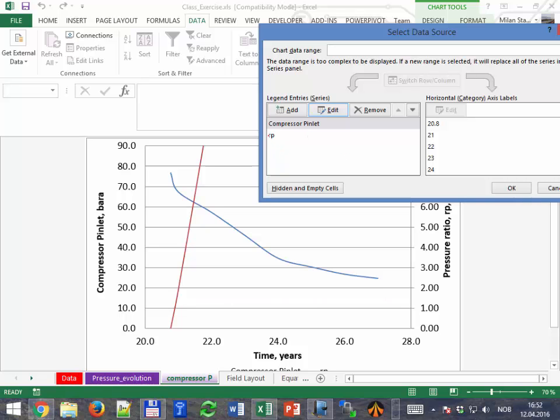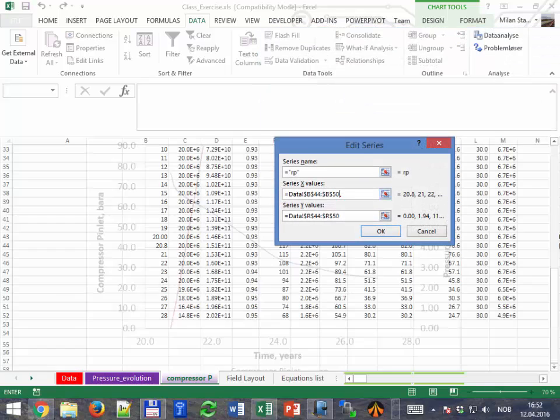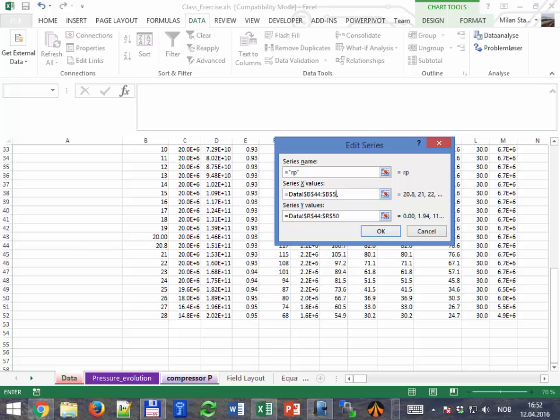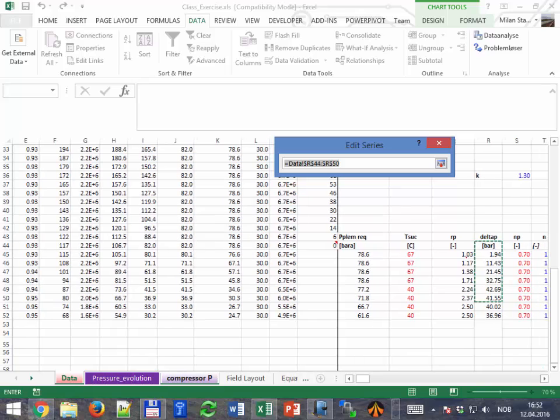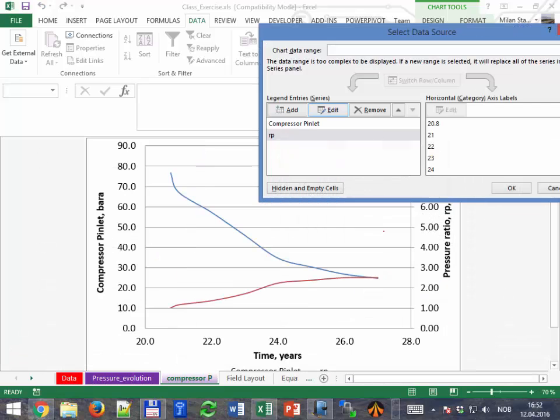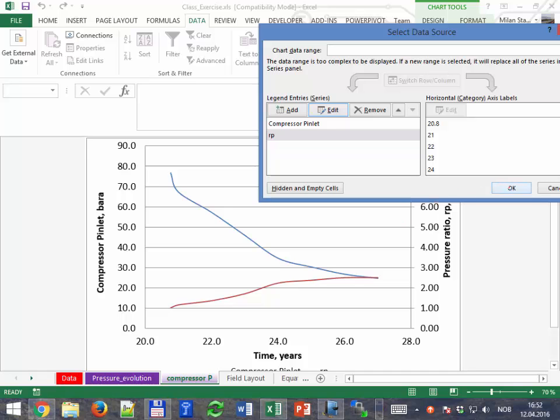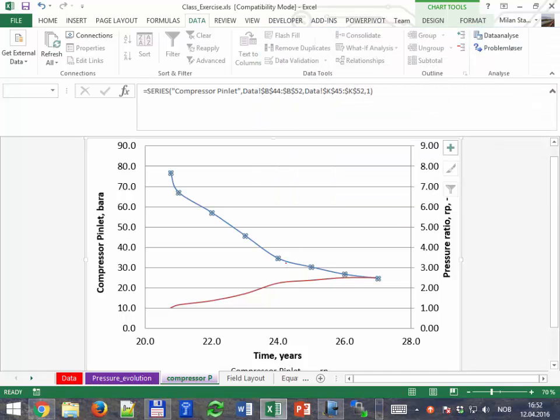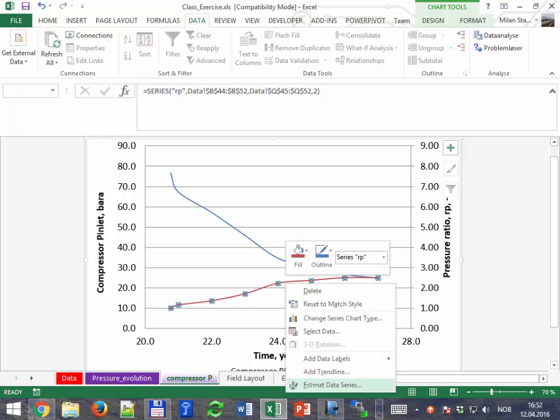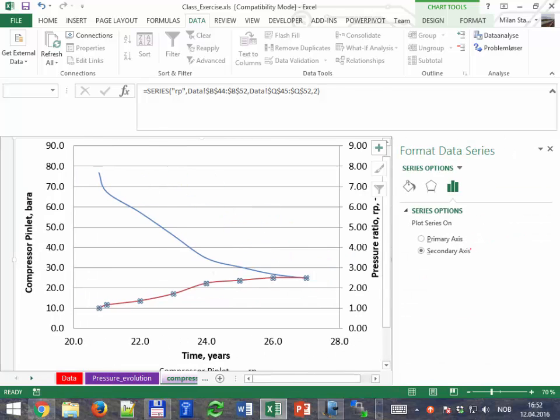Okay, and now let's see RP, and RP should be on this column. And I think this one is plotted on a secondary axis. Okay, so this is the pressure ratio, and this is the pressure at the inlet of the compressor.